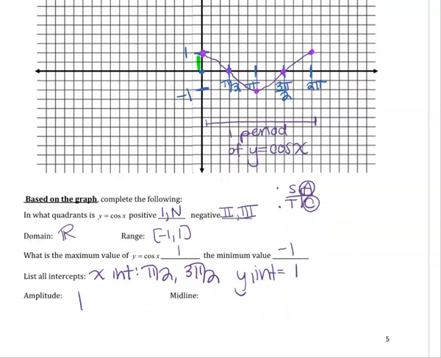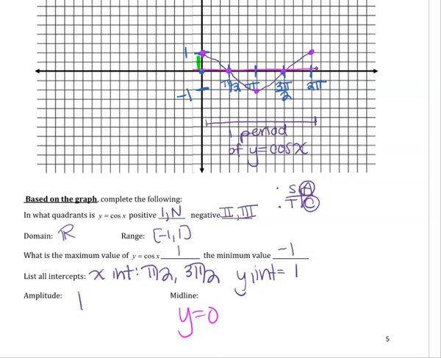And our midline is still the x-axis, or y equals 0. Oops, started to write with my highlighter. Y equals 0. So that's like right there. Okay, so that is our basics of cos of x.